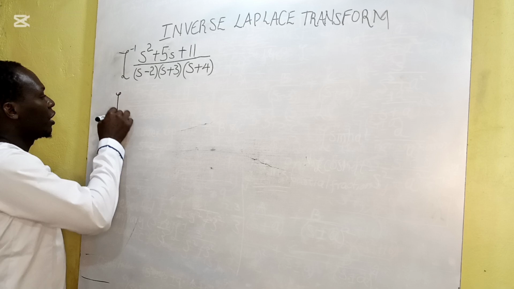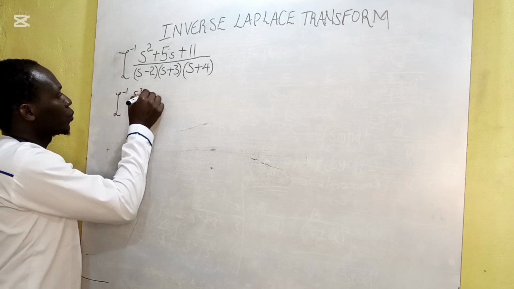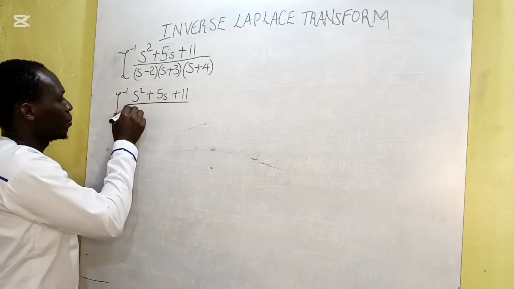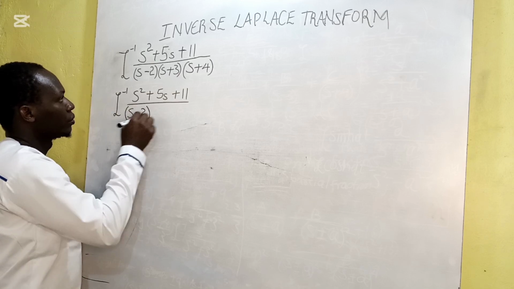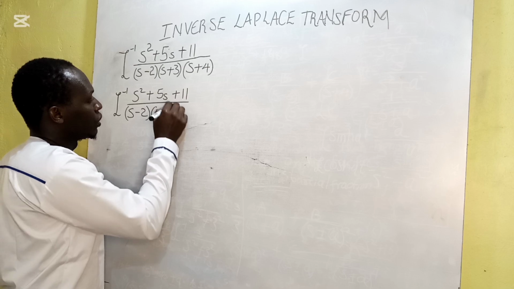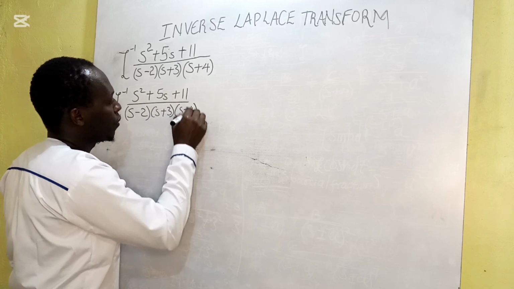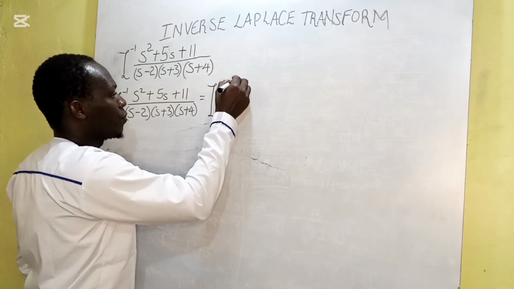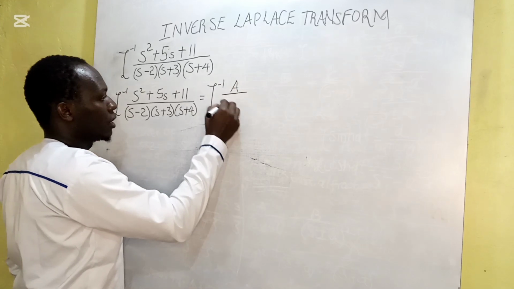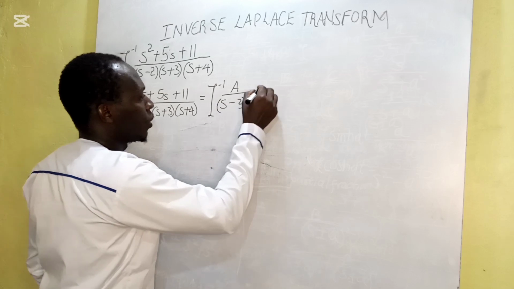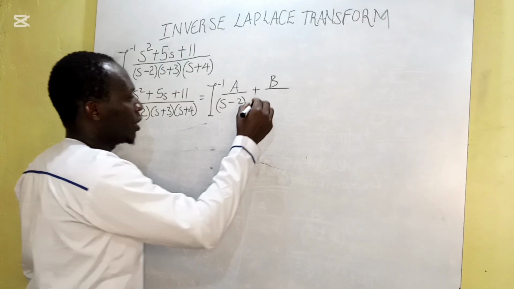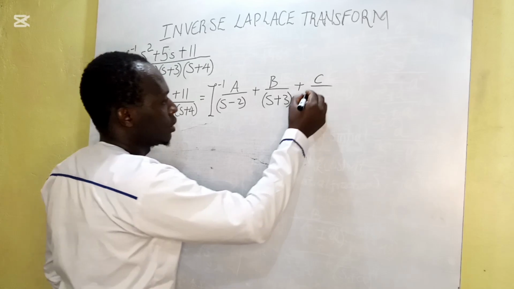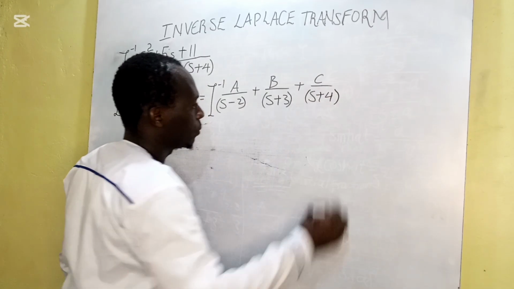It will be the inverse Laplace transform of (s squared + 5s + 11) over (s - 2)(s + 3)(s + 4). This is equal to the inverse Laplace transform of A over (s - 2), plus B over (s + 3), plus C over (s + 4).